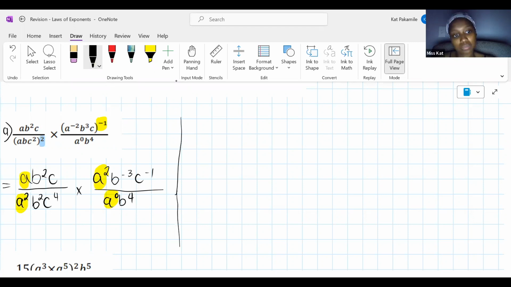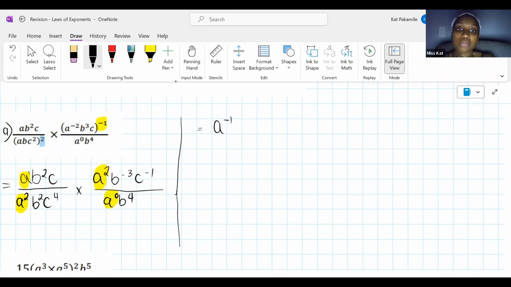A to the power of 1 over A to the power of 2, so I would take that A and subtract it. Remember, it's always minus the denominator. That's going to be -1, because 1 minus 2 is -1. Let's move on to B.